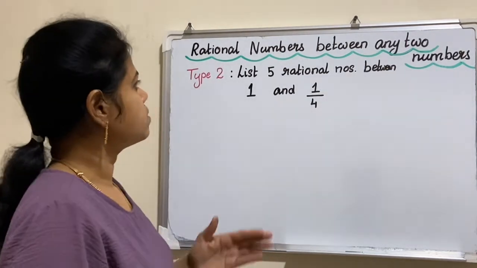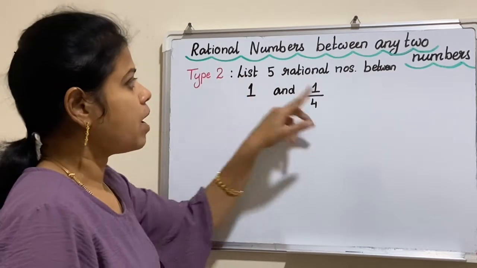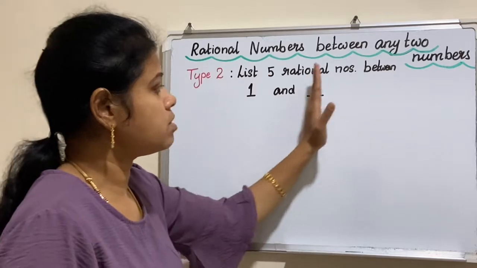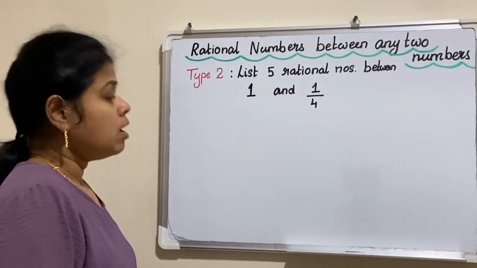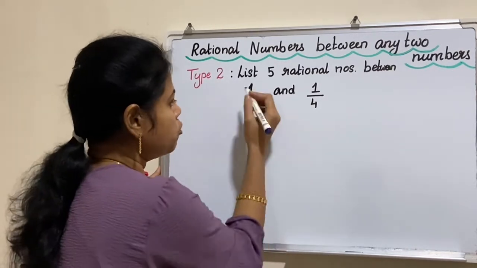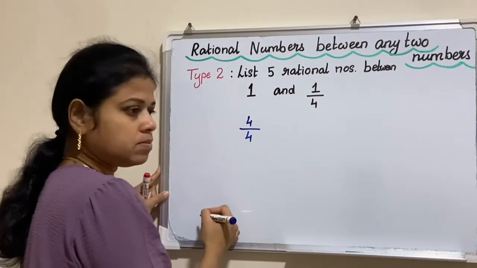Next type is how to list out rational numbers between an integer and a fraction. So this is an integer and this is a fraction. To list out the numbers between these, first step, can we write this 1 in the form of p by q, like 4 by 4 or 3 by 3?